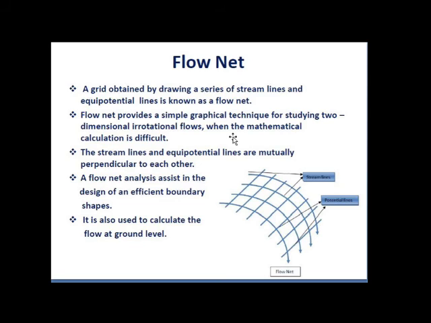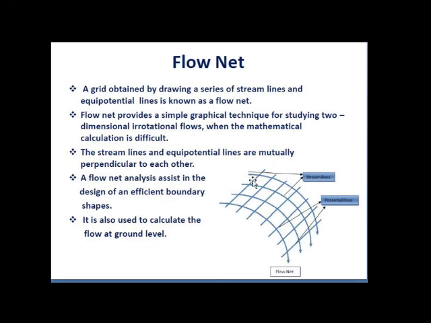The grid obtained by drawing a series of streamlines and equipotential lines is called a flow net. Here is the figure showing the flow net. These are the streamlines, and the others are equipotential lines. They are perpendicular to each other.